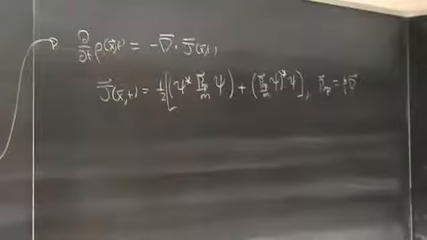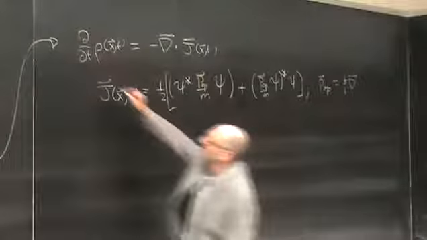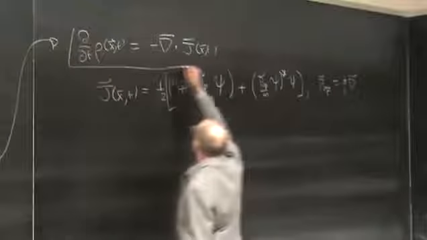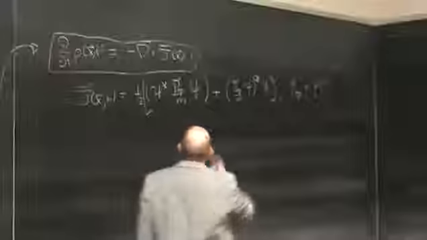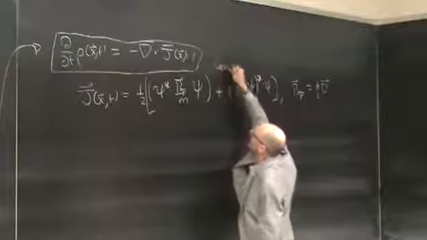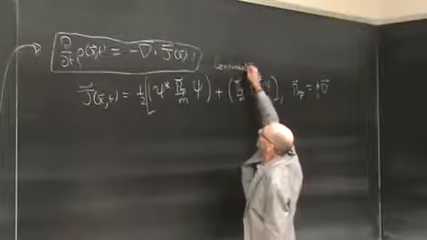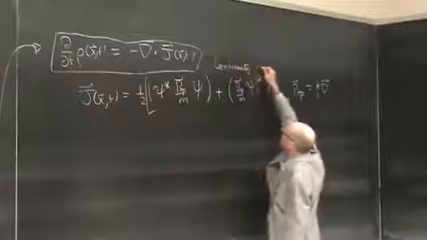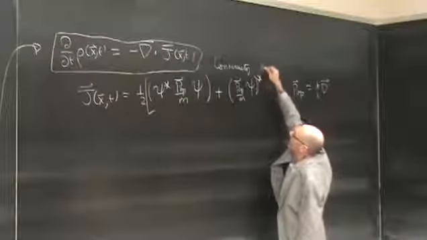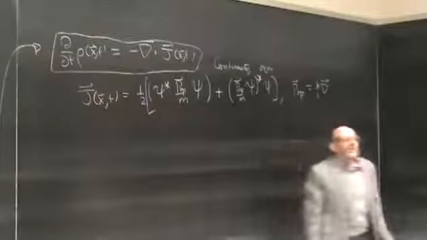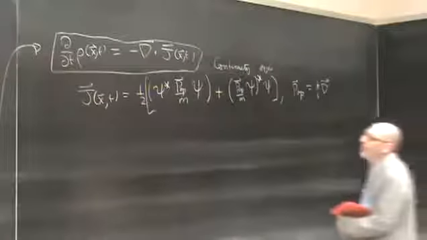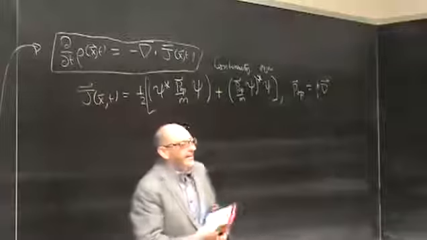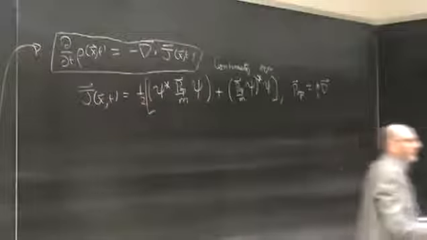So, you recognize this equation? It's the continuity equation. This is the continuity equation, familiar from fluid dynamics, but probably more familiar to you from electricity and magnetism, where J is the current of charge and rho is the charge density. Okay?